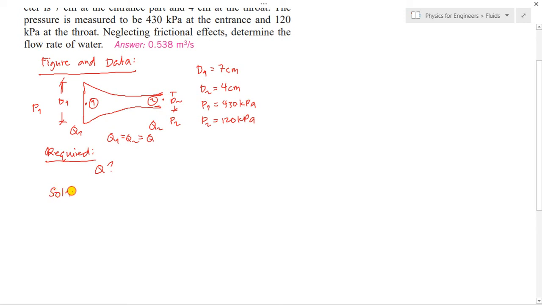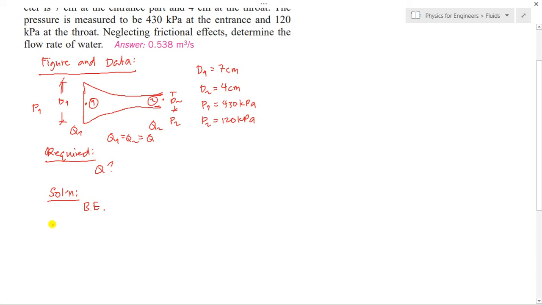So, solution. By using the Bernoulli equation, we have the summation of energies, the summation of heads.